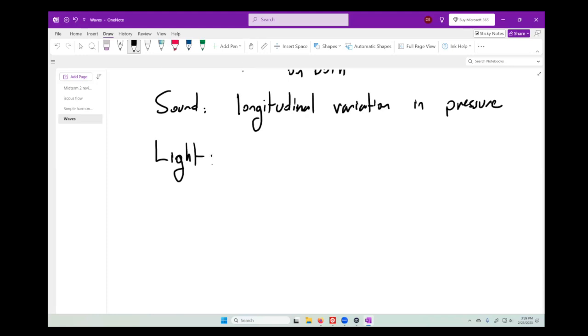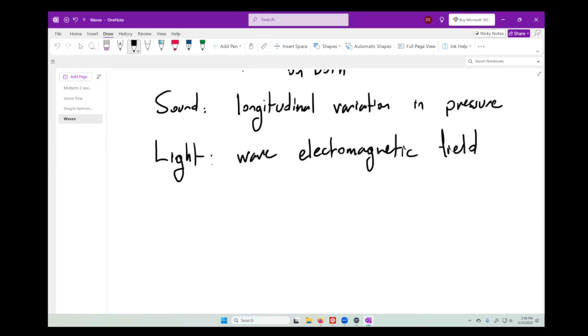A light wave is something, well, not completely different, but something that is much harder to describe than the other types of wave. It's a wave in the electric and magnetic fields. Okay.